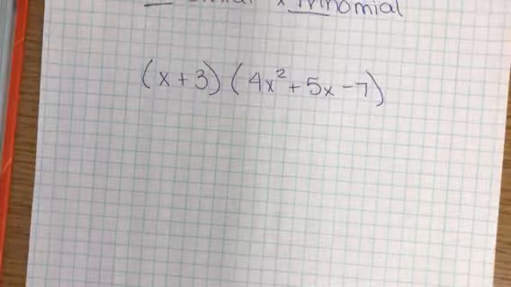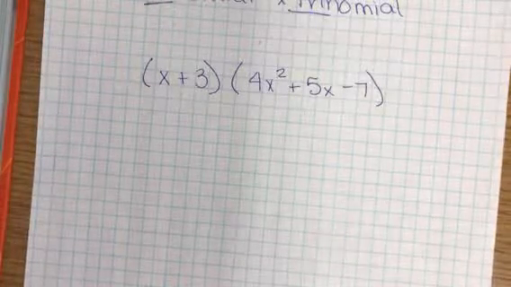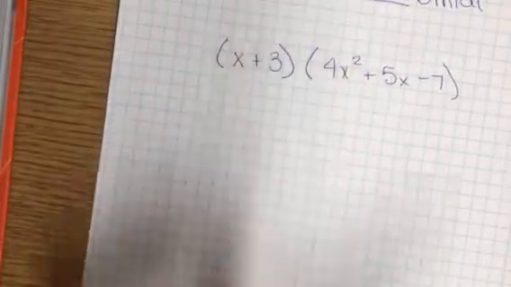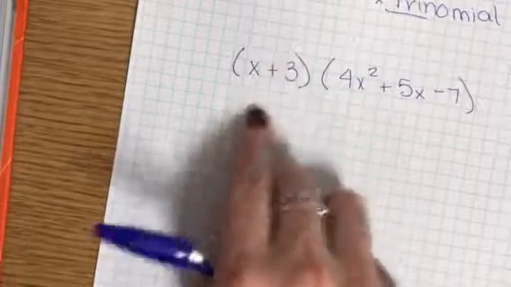We are going to take the same approach today that we looked at with a binomial times a binomial. And so what we're going to do is ignore one of the terms in the first binomial. I'm going to pretend that this 3 isn't here, and I'm only going to focus on this x.